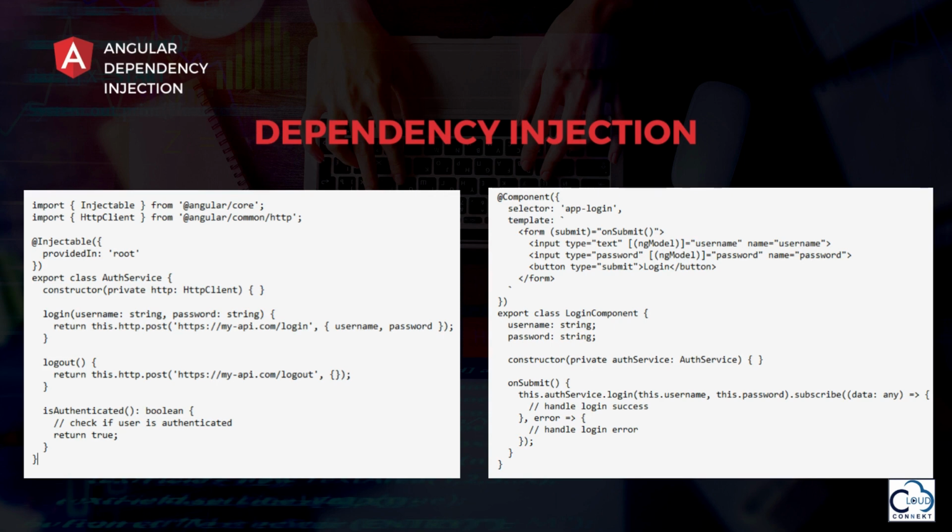Then our component is going to use that service in order to confirm that the username and the password exist in the database. That's all for dependency injection and for the services.